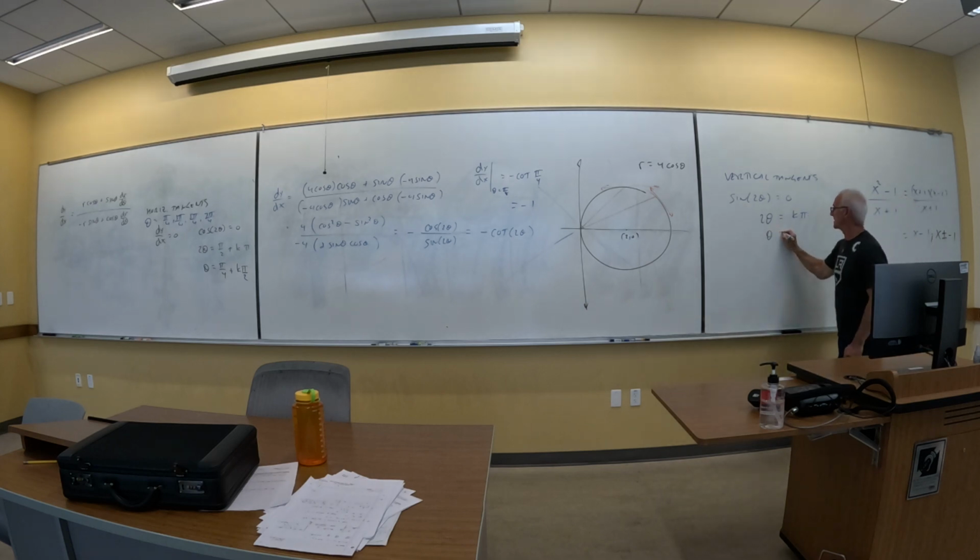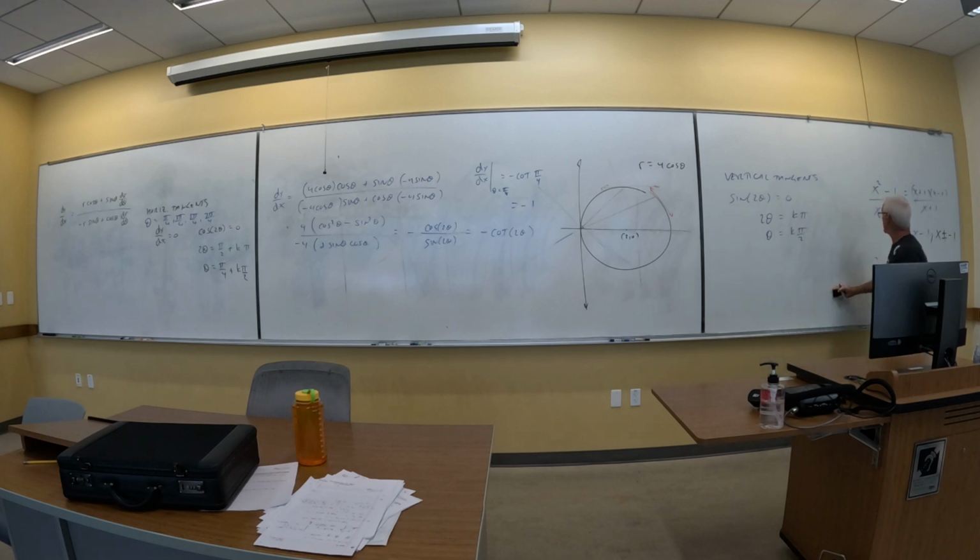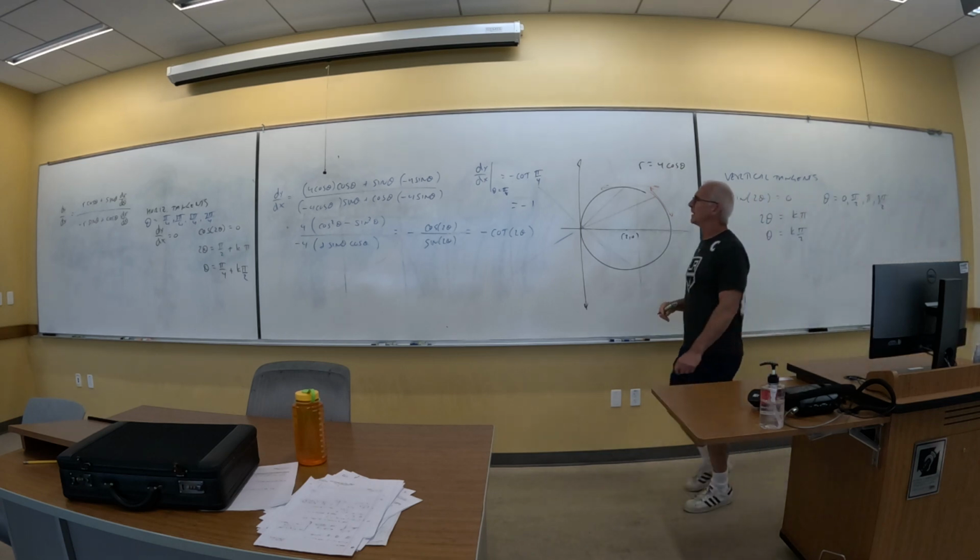So my theta is going to be k pi over 2. So now if I'm sticking between 0 and 2 pi, how many angles will this give me? 0, pi over 2, pi, 3 pi over 2. I'm not going to write 2 pi because that's back to 0 again. So these are the ones. So let's see if that works.